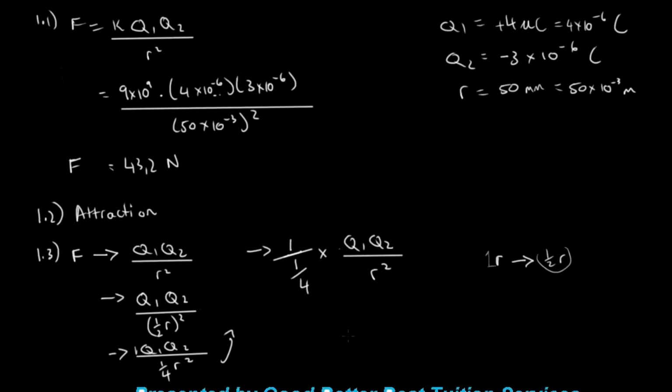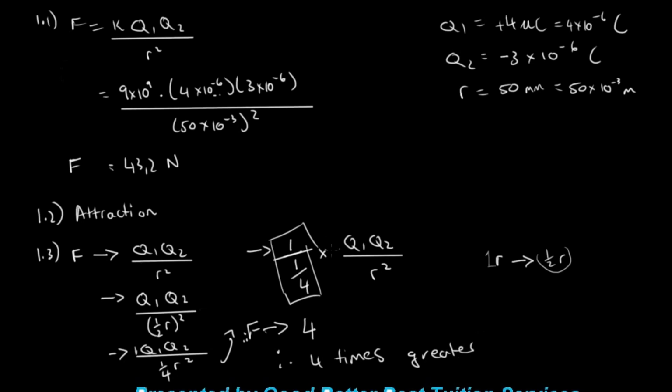That's all I did. So all you have to do is draw that line below, put this in your calculator, and you'll get that it's a factor of 4. 1 over 1 over 4 is 4. So therefore, the force is going to be 4 times greater.